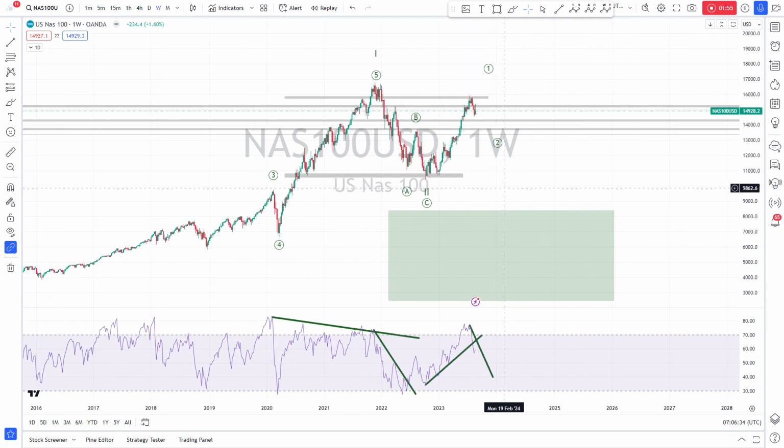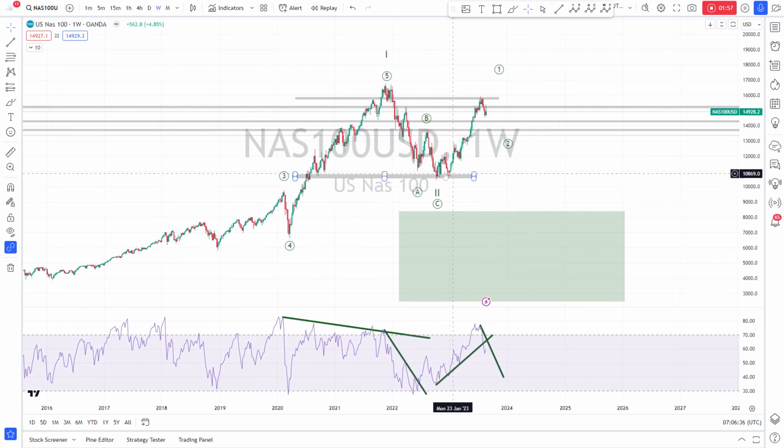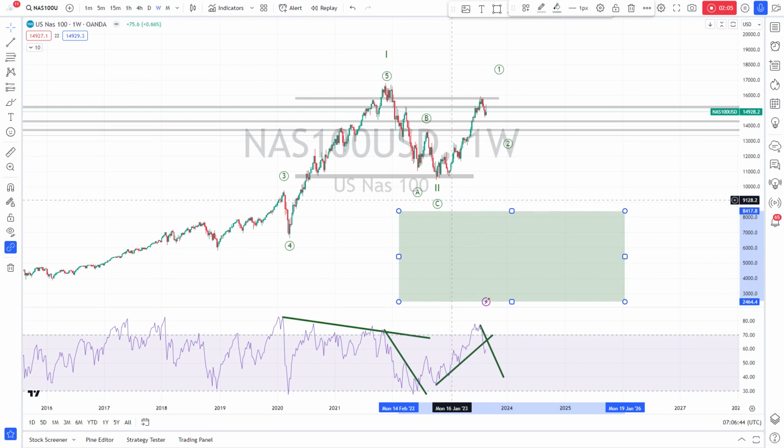I think if I have to come up with a bearish scenario, I would say that this wave 2 here might still be ongoing because we did not reach this target area.